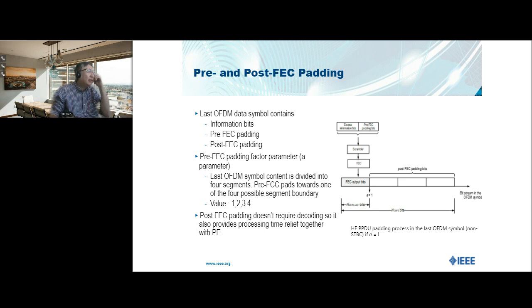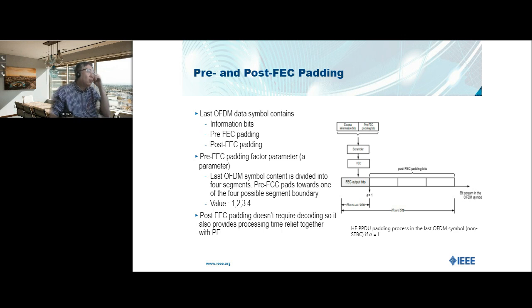It does some pre-FEC padding so that when it does the scrambling and LDPC encoding, it will add to a fraction of the boundary of the packet, okay. That boundary is represented by a factor called A.